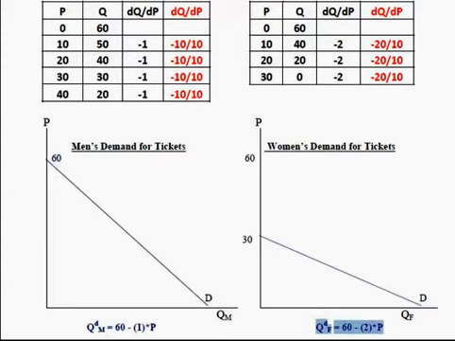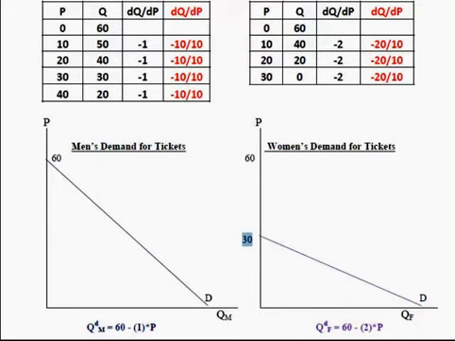So the equation, mathematically, strictly speaking, is P equals 60 minus Q. The demand for women's tickets was 60 minus 2P. If you were to rewrite that equation with P as the subject, you bring the 2P over on the left-hand side, bring the Q over on the right-hand side, so we have 2P equals 60 minus Q. We divide through by 2, so we get P equals 60 over 2, which is 30, minus 1 over 2, which is 1/2, Q. So P equals 30 minus 1/2 Q. Notice the vertical intercept, P equals 30, and notice the slope, a rise of 30 against a run of 60, which is 1/2, again with a negative slope.